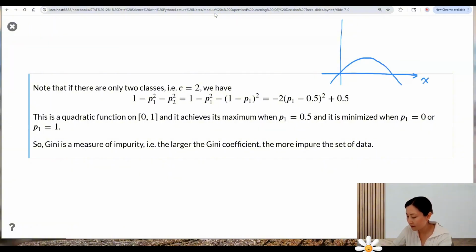This is x, this is f(x), and this is 0, 1. It's symmetric about 0.5, and it's facing down because a is negative. It achieves its maximum at 0.5. When p1 is equal to 0.5, the Gini is equal to 0.5.